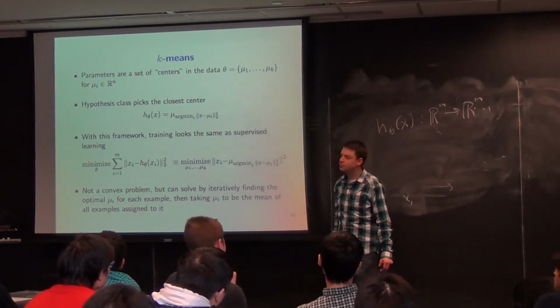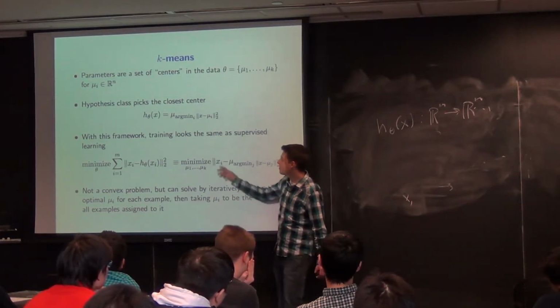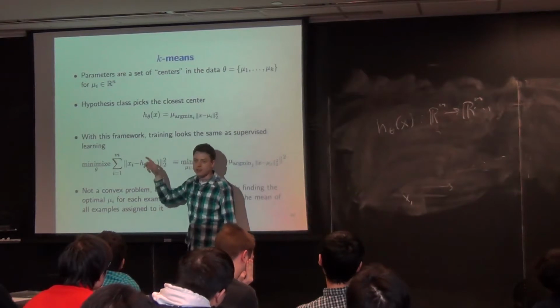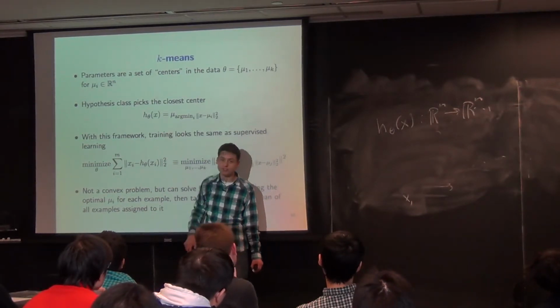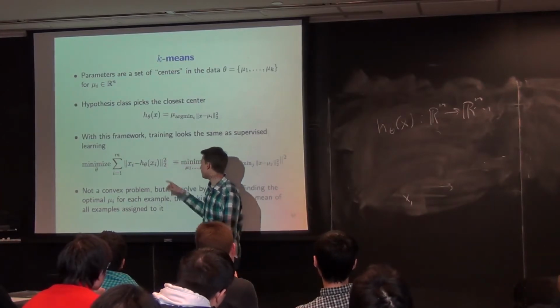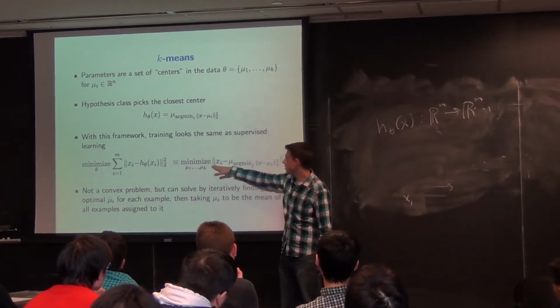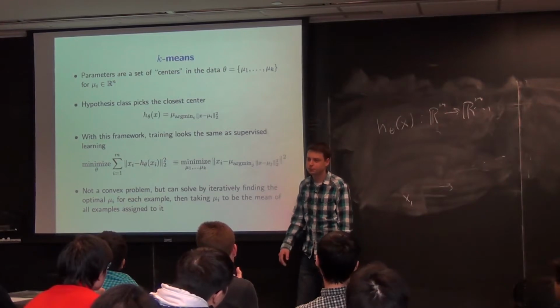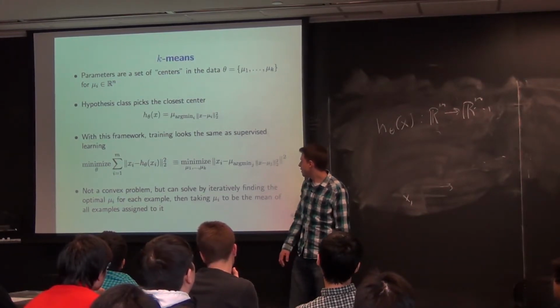That's all k-means does. And now the problem is to find the means that minimize the squared loss for this hypothesis function, namely the sum over all i of this minus that, which is just really finding the means that minimize this distance here.